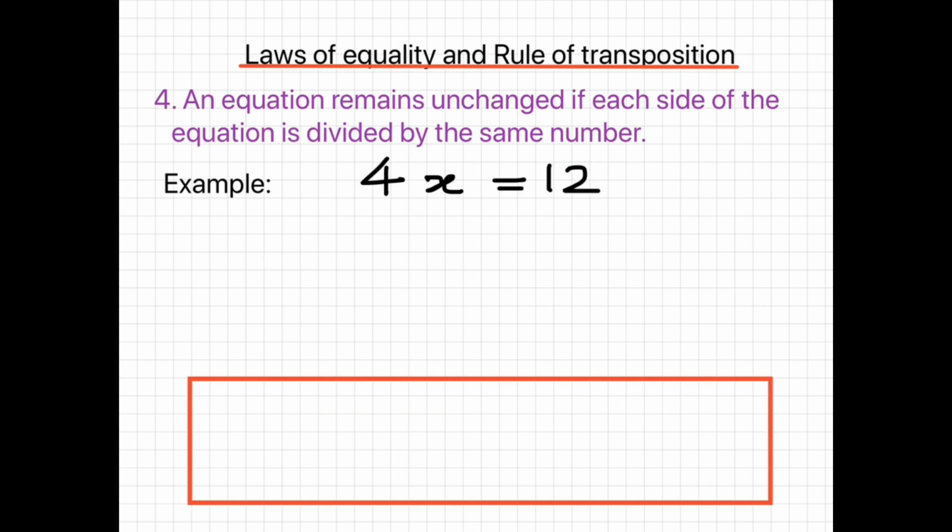Solving this equation means to find the value of the variable. We all know that 4x means 4 times x. To get rid of this 4, we will divide both sides by 4. That is, 4x/4 = 12/4.